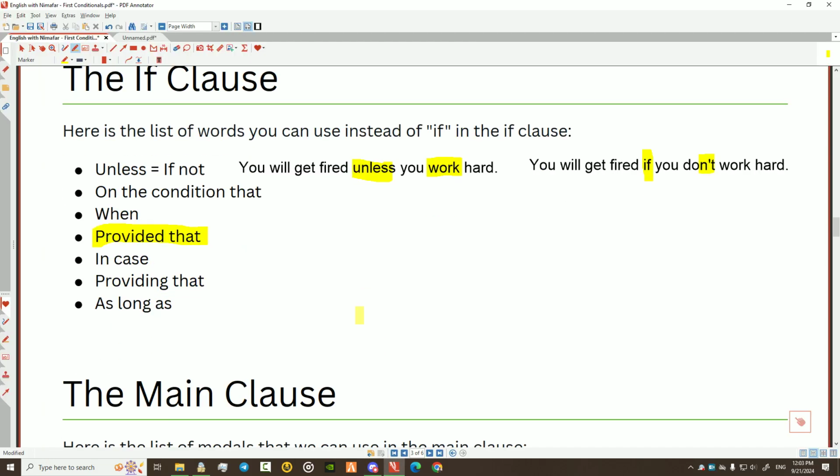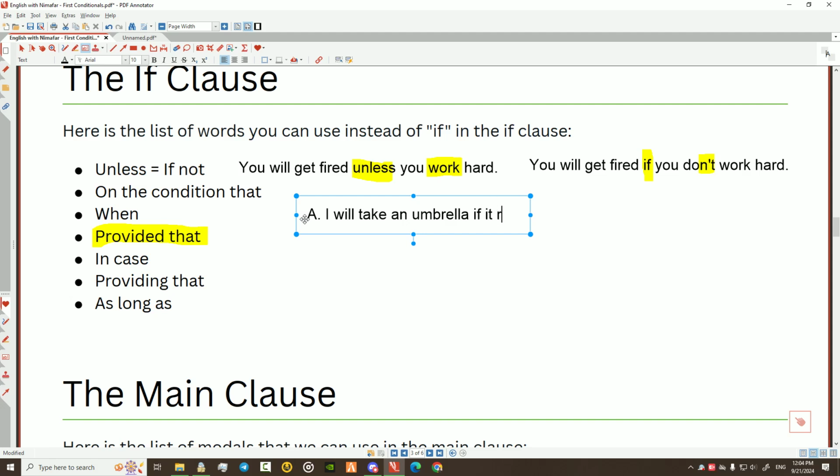So, in case, that's something else. I will write two sentences. A: I will take an umbrella if it rains. And B: I will take an umbrella in case it rains.